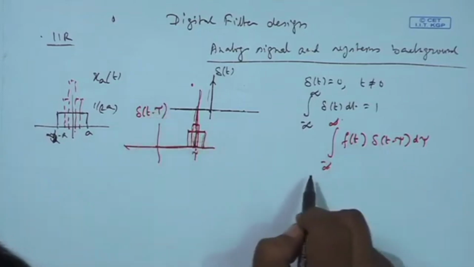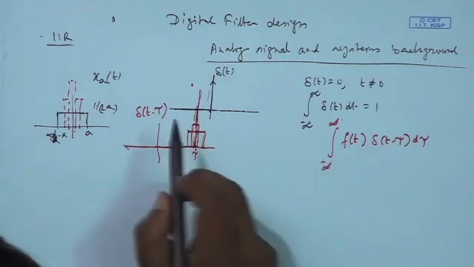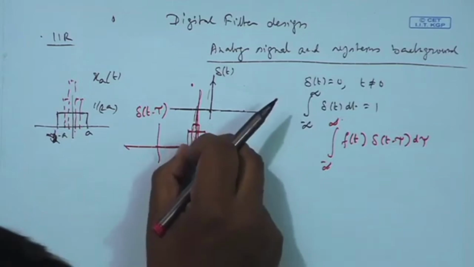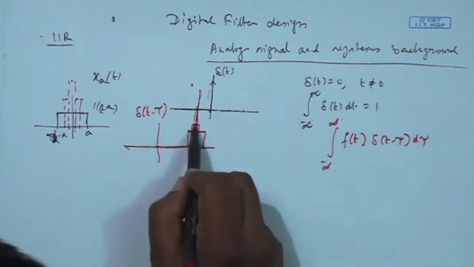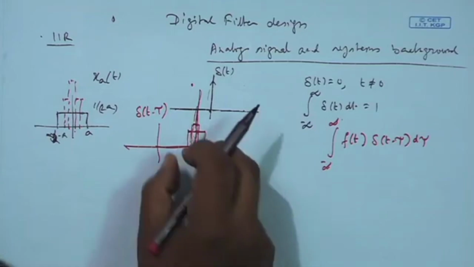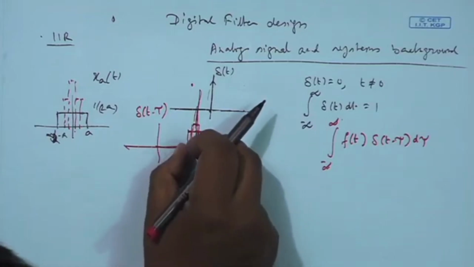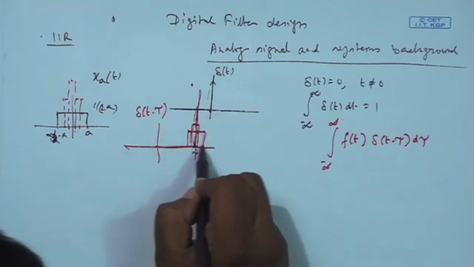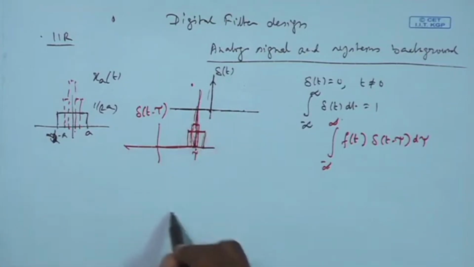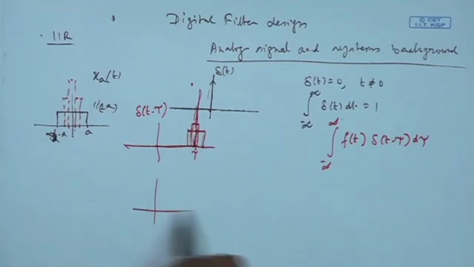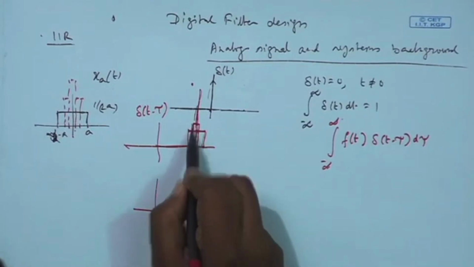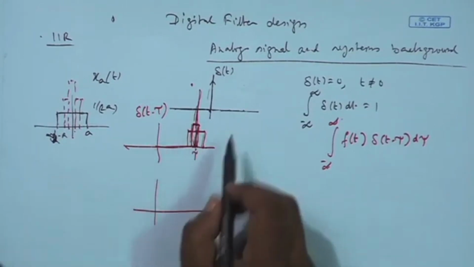Delta t minus tau into f t means, first suppose I have not squeezed it fully to 0. So f t is multiplied by one of these functions, and then as you squeeze it, what happens? Say I have a situation like this, and I multiply this by f t.